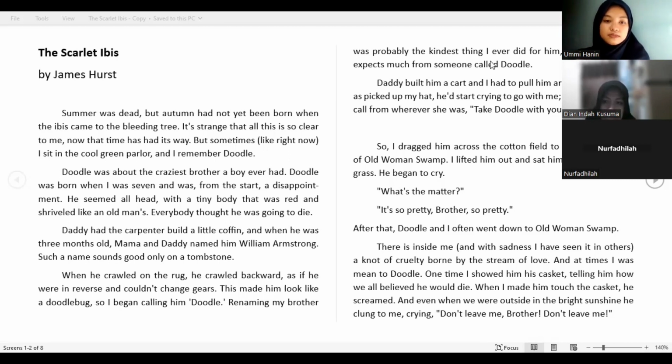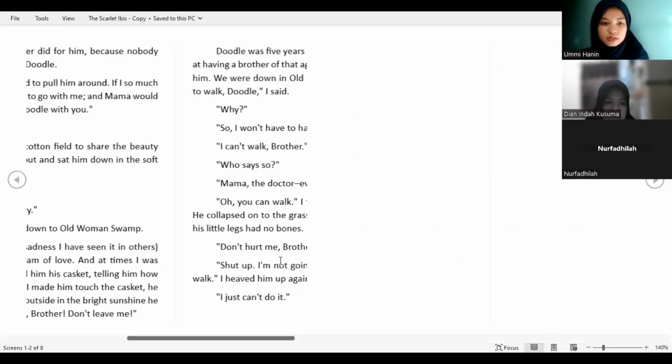And where did the complication start and when did it end? The complication in the text starts from the second paragraph until paragraph 18, ma'am.